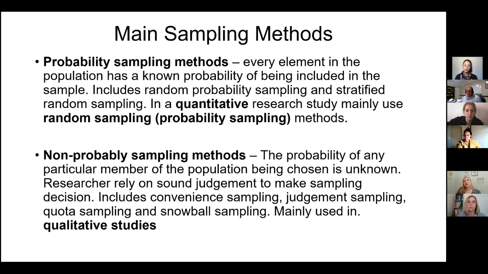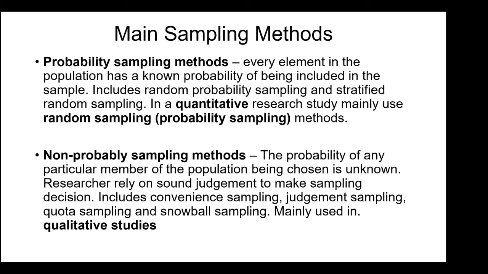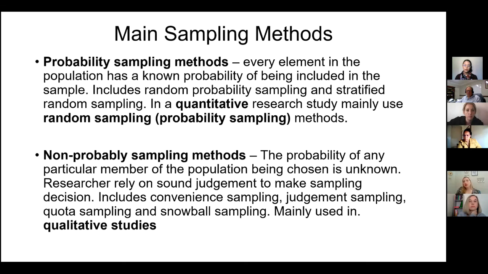Whereas with a more convenient type of study, with your qualitative study, you might choose to only interview certain of your students that you know are facing certain issues that are of interest, like Jaco said, that makes them experts in the specific field that you are conducting your studies in.